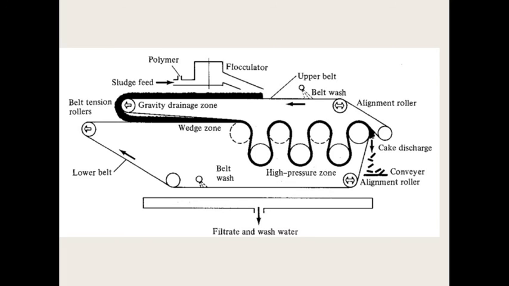So if the sludge contains chemicals, then it is not directly disposed. That means if sludge contains toxic industrial chemicals, it is not possible to spread that sludge on land where crops are grown for human consumption.